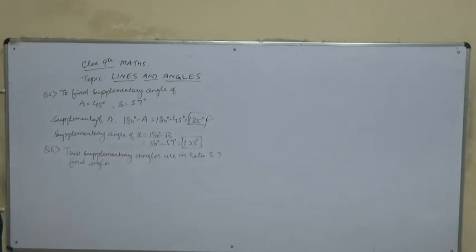So as we know, whatever we have to find, we will assume that thing. Here we want to find the two angles A and B, whose sum is 180 degree, and that are also in the ratio 3:7.